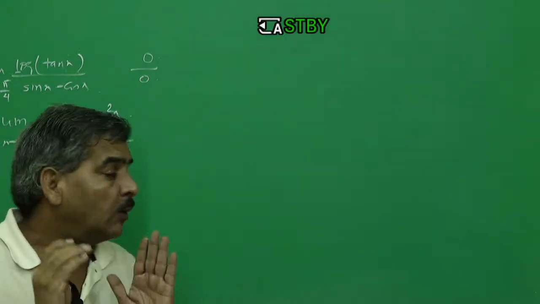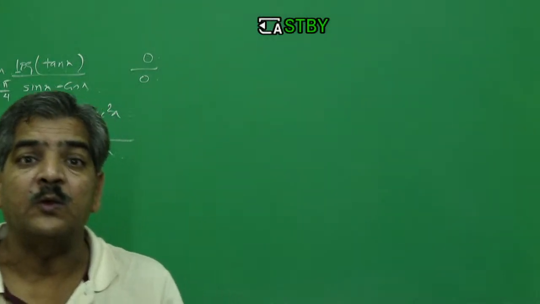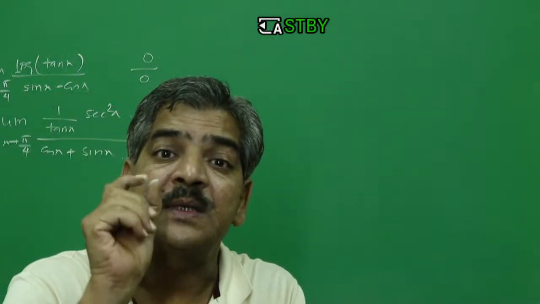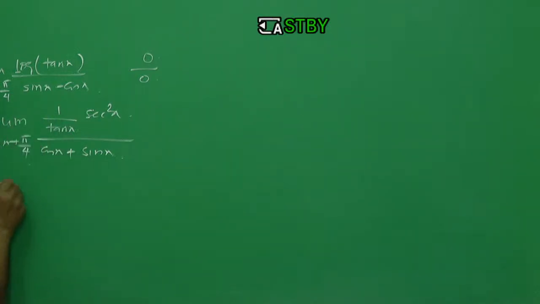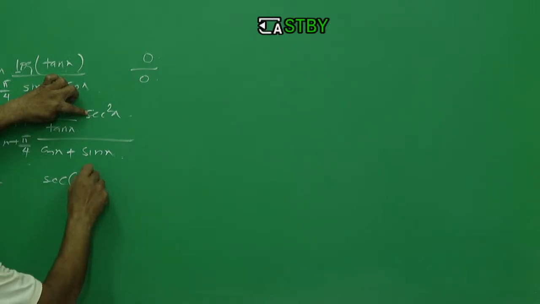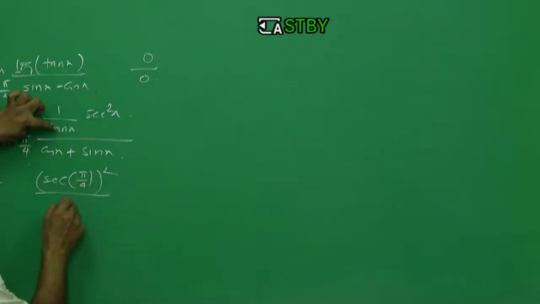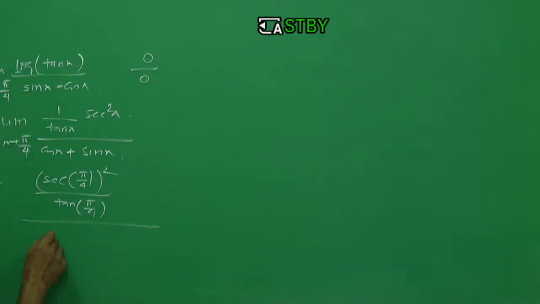Okay. Now if I put x is equal to pi by 4 now, denominator will not become 0. So what is expectation? Substitute x is equal to pi by 4. If I put x is equal to pi by 4, I'll get sec of pi by 4 the whole square upon tan of pi by 4 whole upon cos of pi by 4 plus sin of pi by 4.